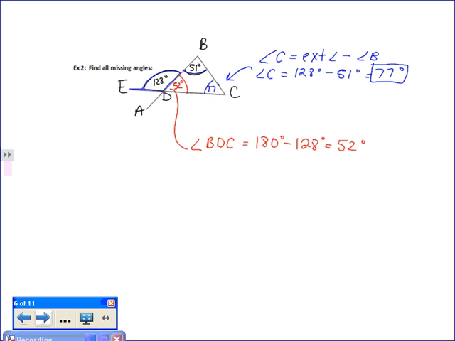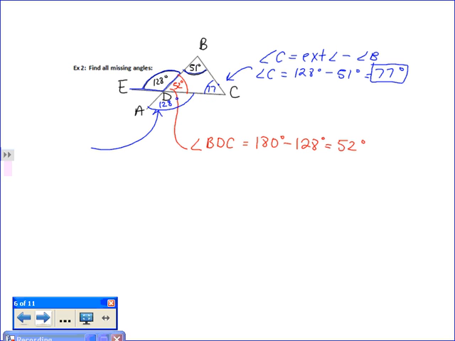The remaining angles are really easy to solve for because we can use our relationship between any two lines that intersect. And I know that when we have two lines that are intersecting, the angles that are vertically across from each other, or vertical angles, are equal. So I know that this angle right here is also going to be equal to 128 degrees.